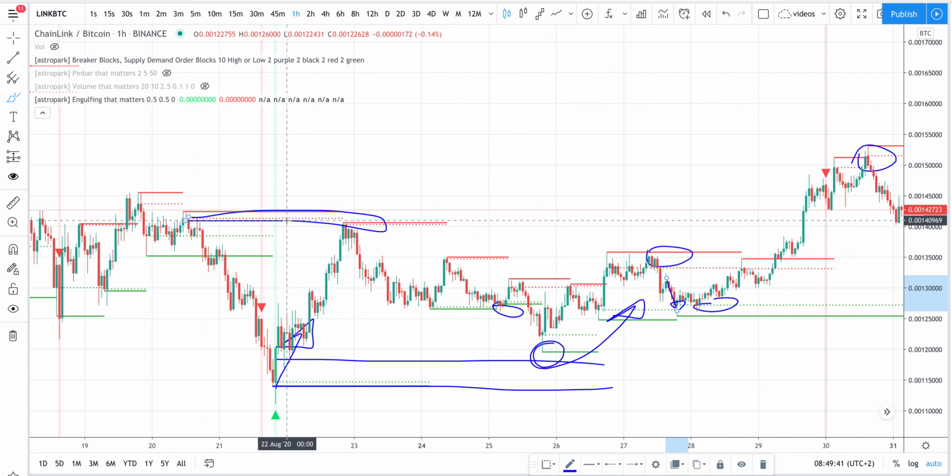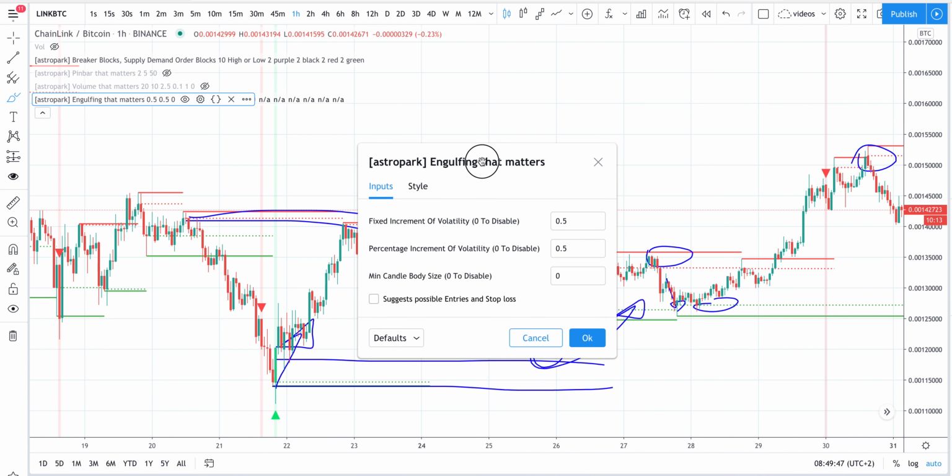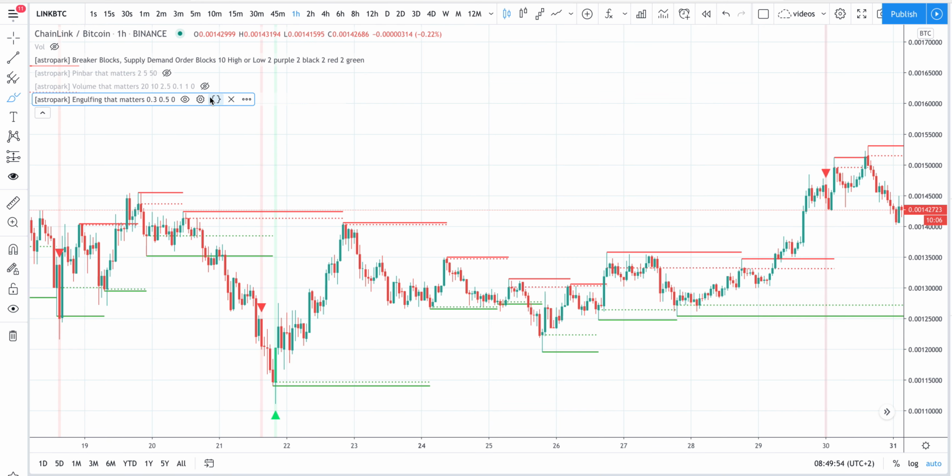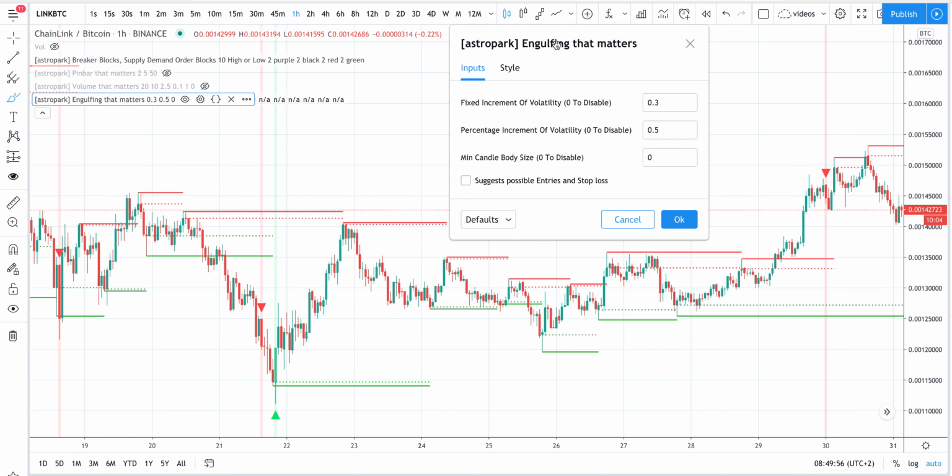You can also customize this indicator. This is not a tutorial on engulfing that matters, but you can edit these settings in order to have a filter. You can just change the filter parameters.